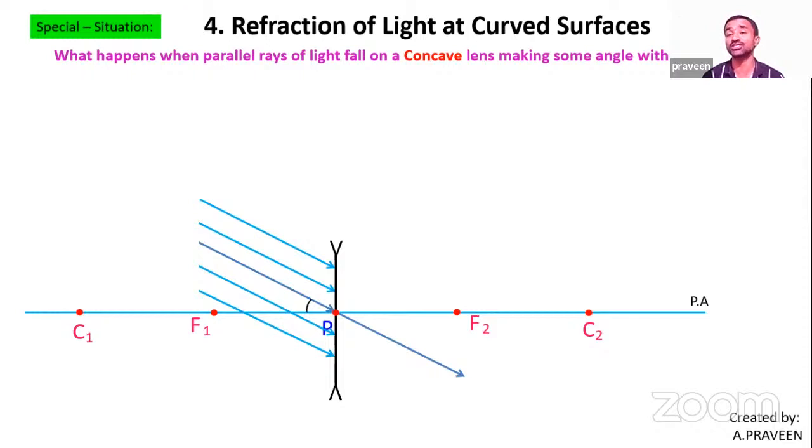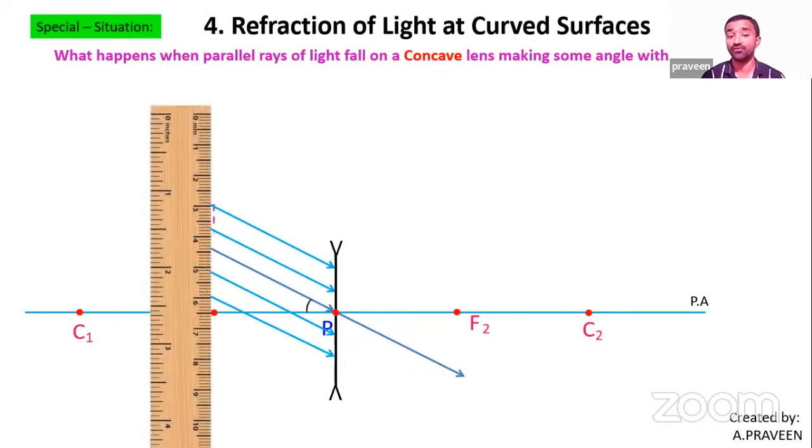So where is the focus? That imaginary plane assumed perpendicular to the principal axis through the focus is called the focal plane, the diverging point, right? So draw a perpendicular through F1 where they can coincide, that light ray remains undeviated.